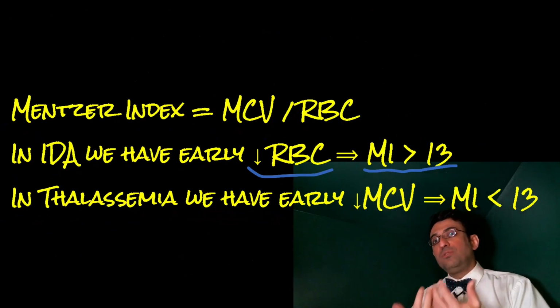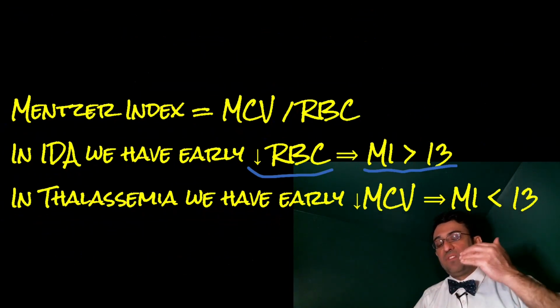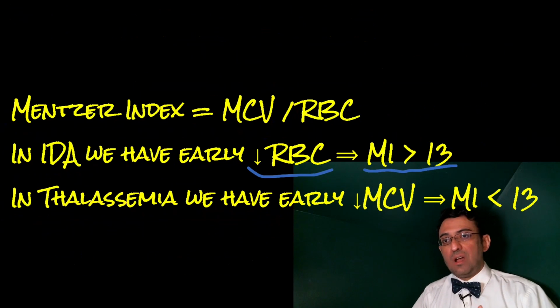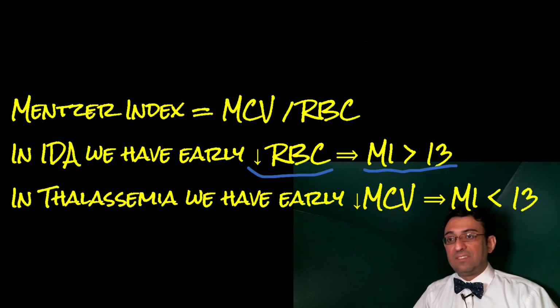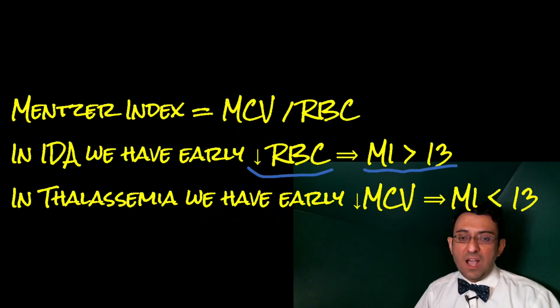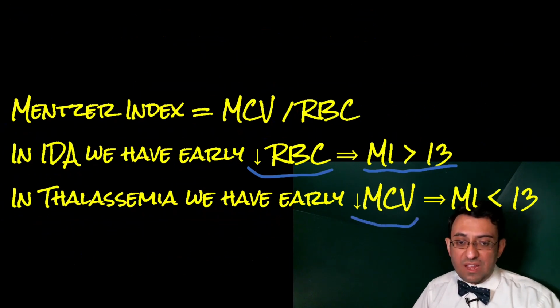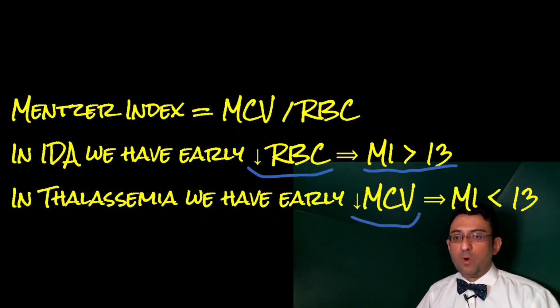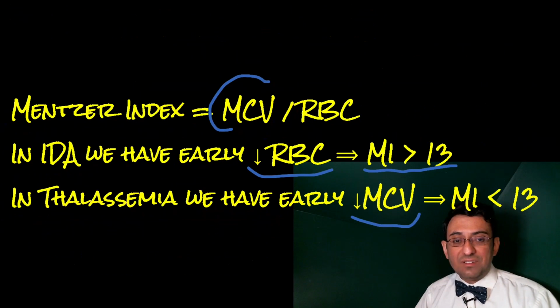The other way to say this is we have, from the very beginning, reduction of the size of RBCs as the first change in thalassemia labs, and therefore, because reduction of MCV happens earlier and out of proportion to the reduction of RBCs in the thalassemias, the Mentzer Index is less than 13.